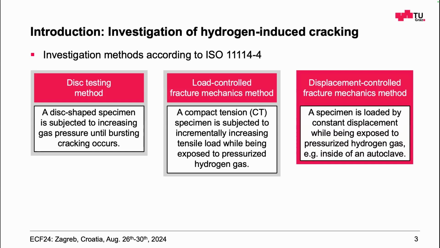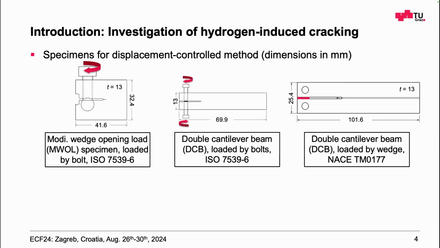So we use samples where we apply a constant load, put these samples into the autoclave, apply a gas pressure, and after a certain time, we investigate then if crack growth happened or not. If we stay with the displacement-controlled method, we normally have three types of samples which are proposed to use.